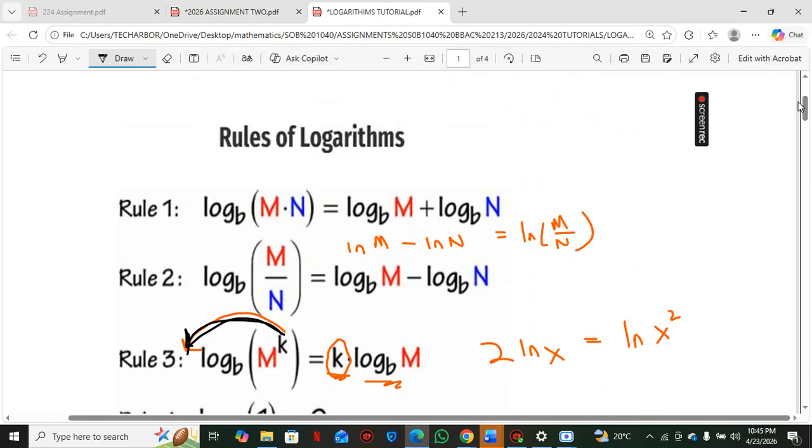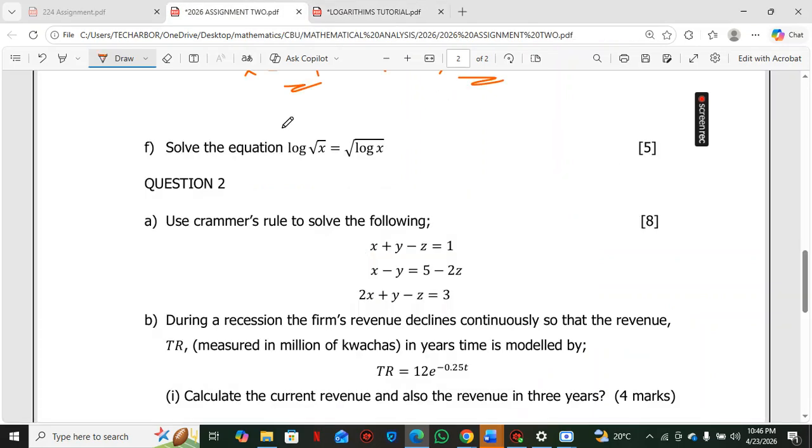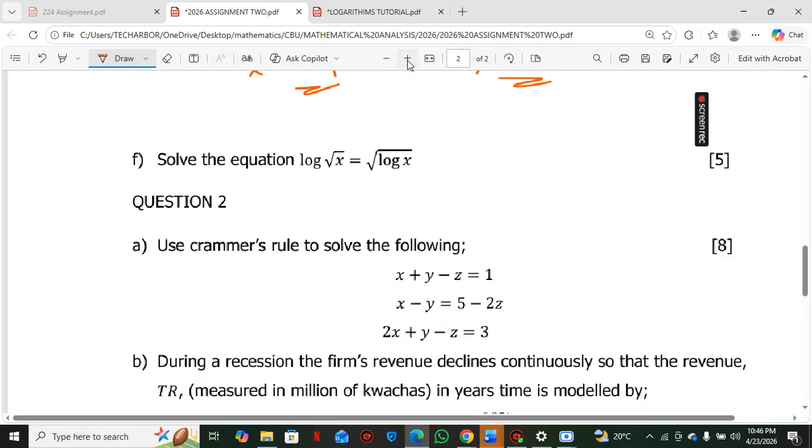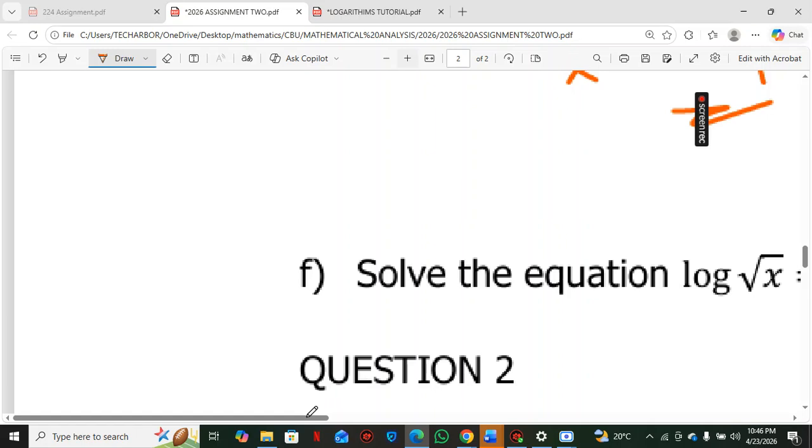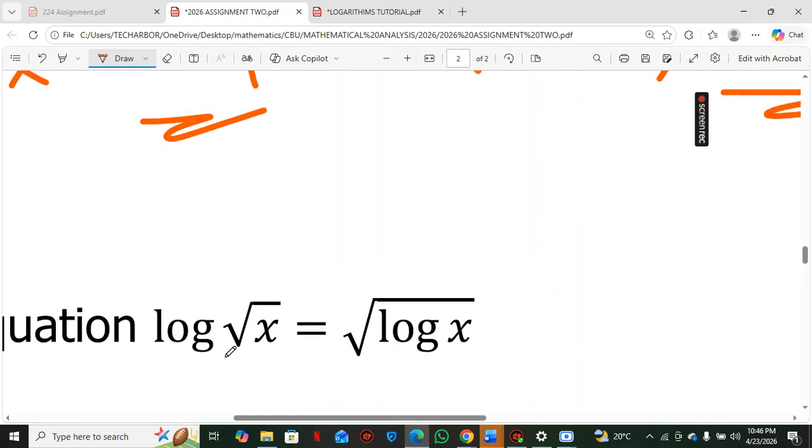With logarithms, you usually always see a base with the logarithm. Have you seen log base 2, log base 3? Now here with this question, we just have a log. When you see a logarithm without a base, you don't see a small number subscript, just know that this is log base 10.